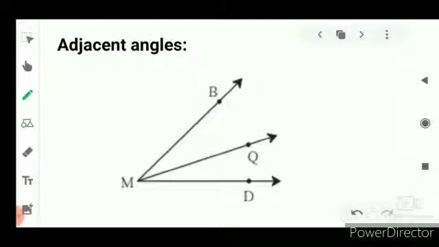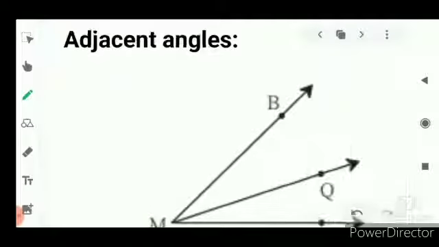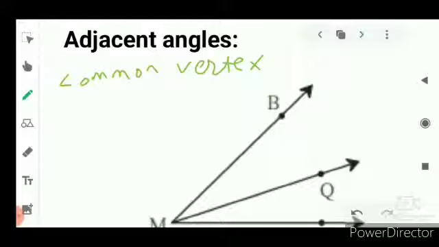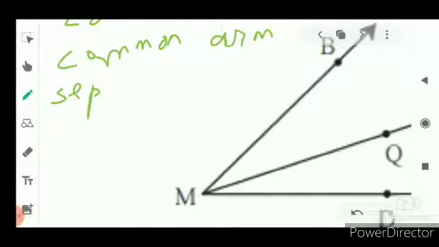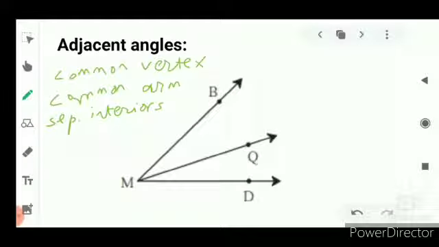I am writing here: common vertex, common arm, and separate interior are called adjacent angles.